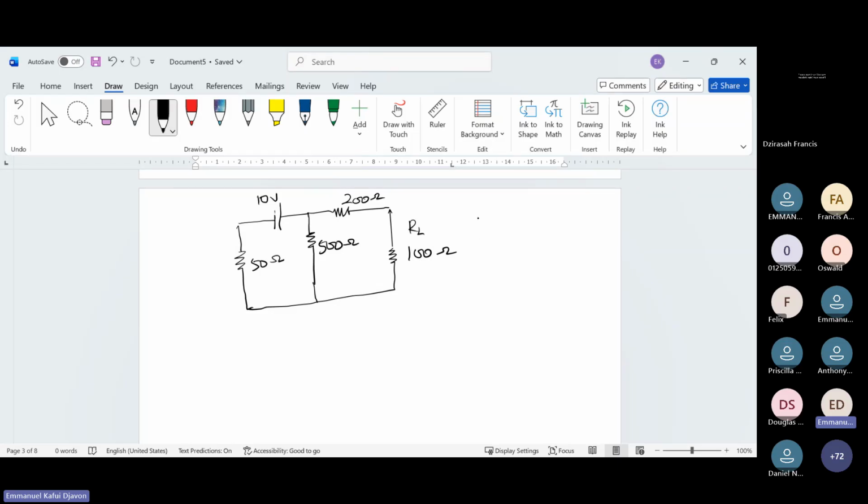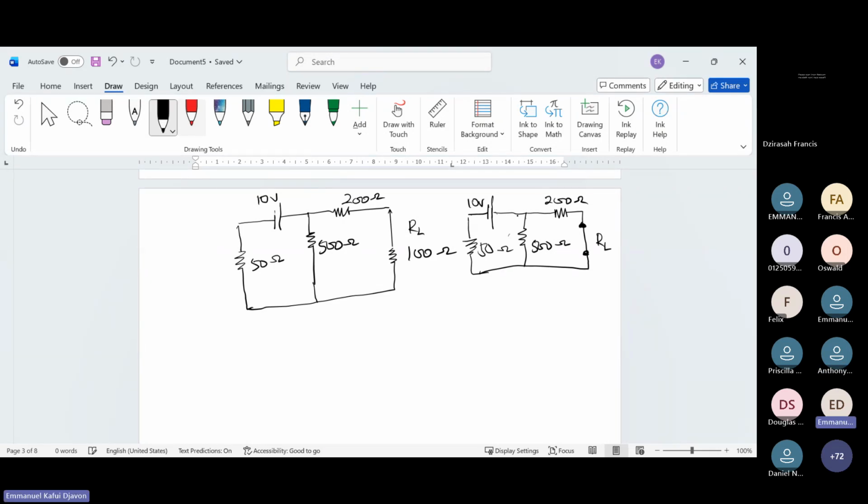Now, when we take off the RL, our circuit becomes something like this. So this is a 50. This is 500. This is 200 ohms. This is 10 volts. Remember, this is where we have the RL.